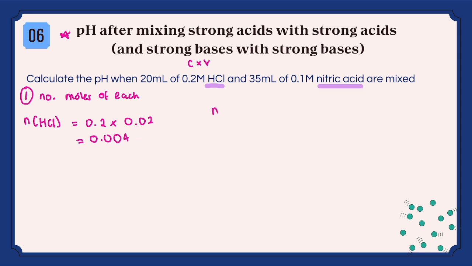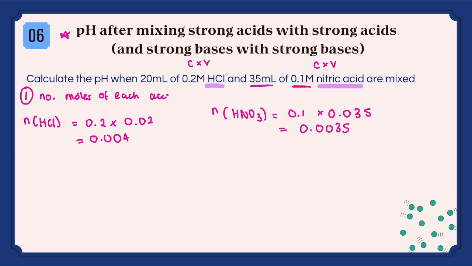Then we're going to work out the number of moles of nitric acid that we have as well. Again, that's our concentration times our volume. Our concentration is 0.1. Our volume in liters is 0.035.